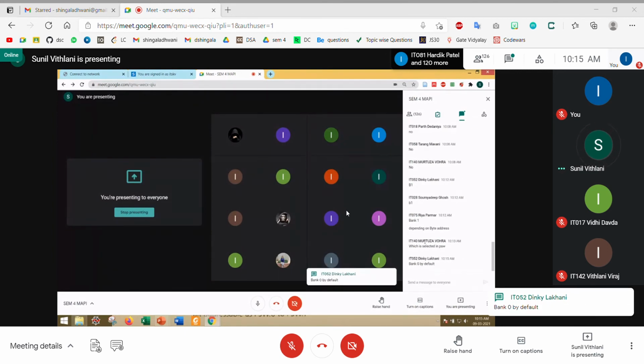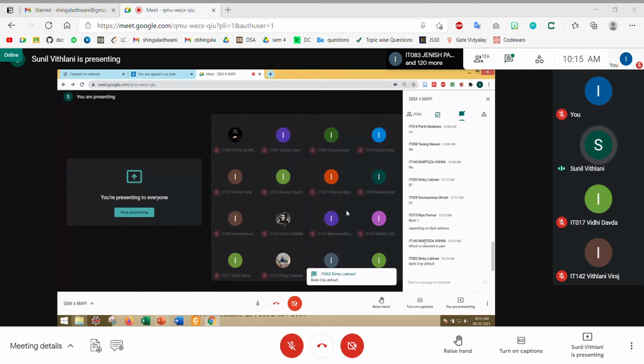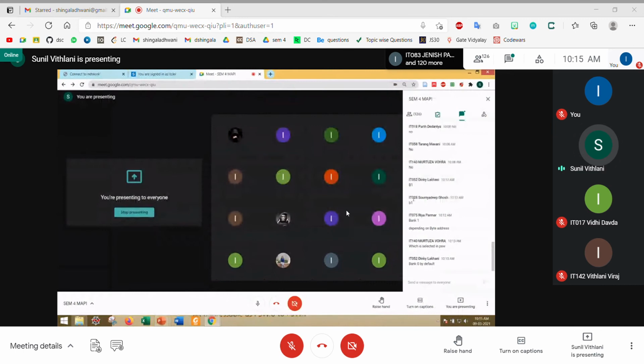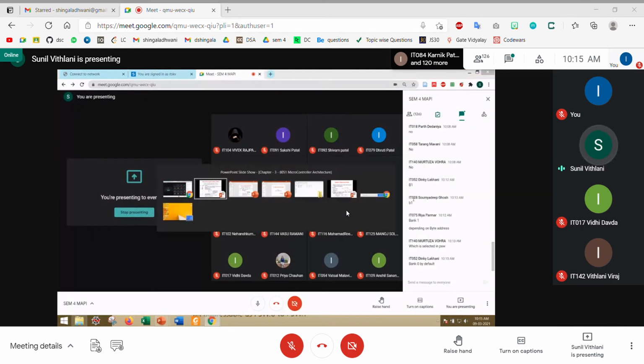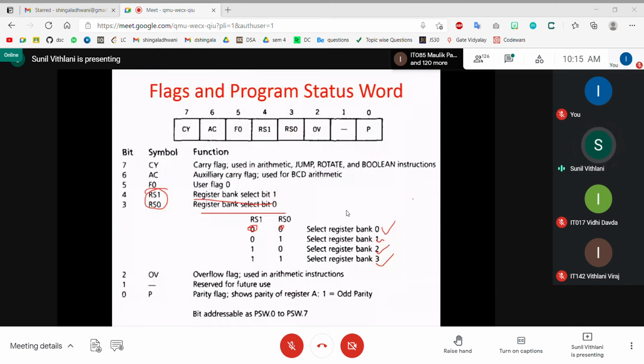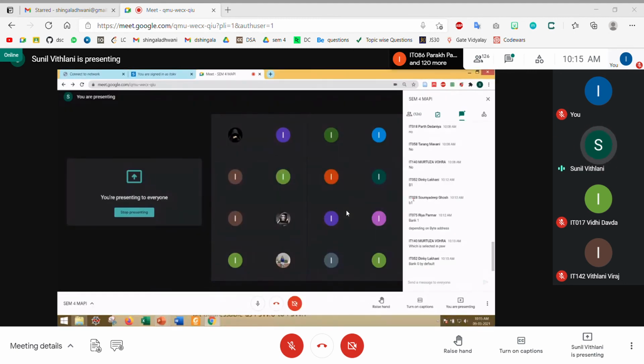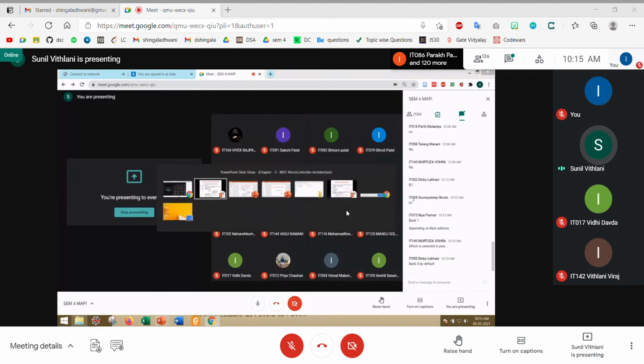Okay, so what will be the answer to this question, which R5 will be selected? It depends on these two bits of our PSW, RS0 and RS1, and based on that it will select the register, your source register or your destination register.